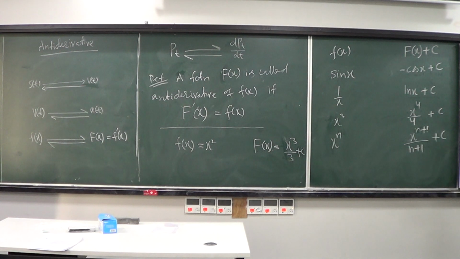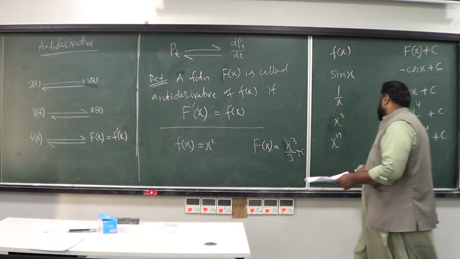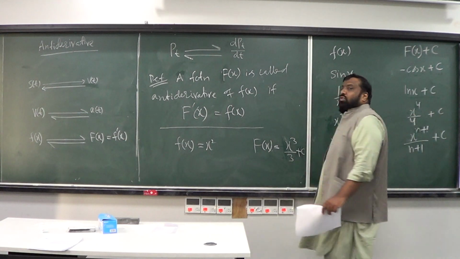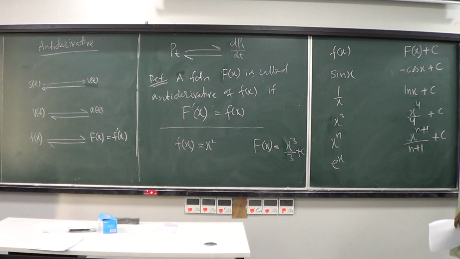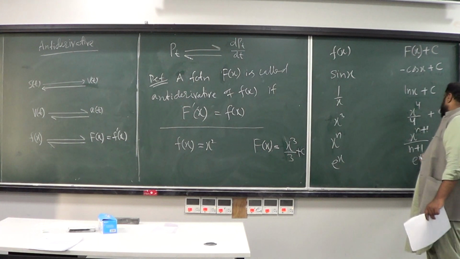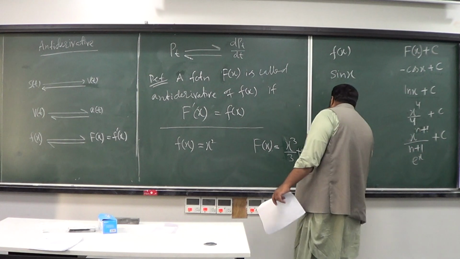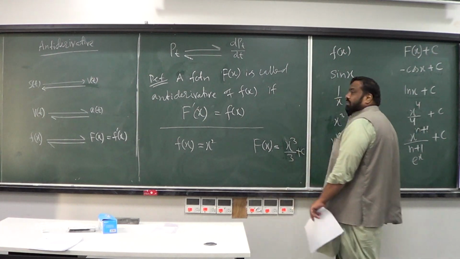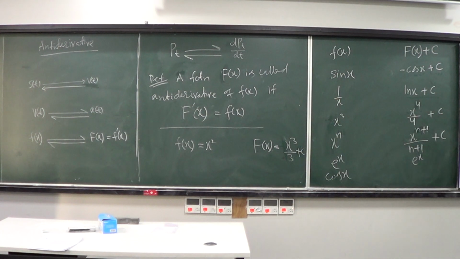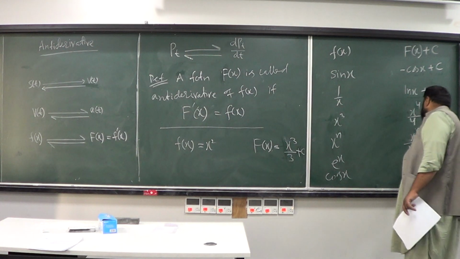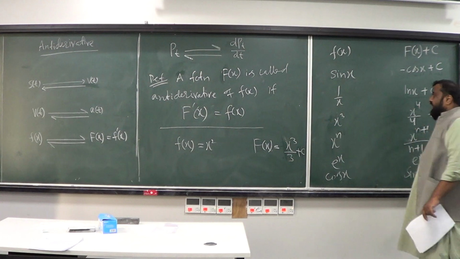Say, for example, I want a function whose derivative is e power x. So what are you going to do? You're going to say e power x. I want a function whose derivative is cos x. What would this function be? You're going to say this function is sine x.